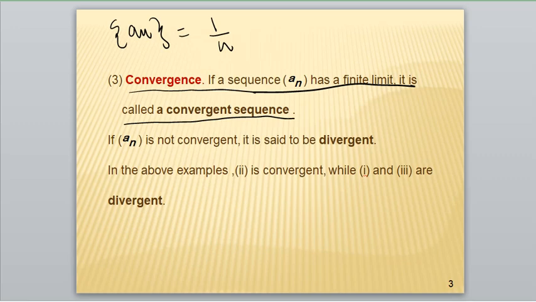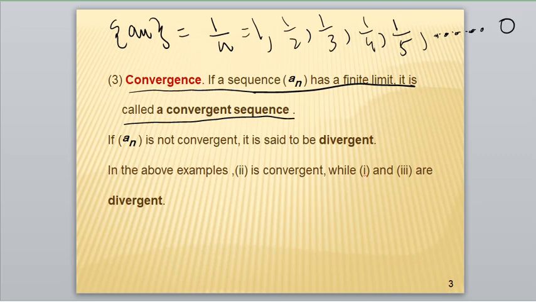When you put 1, you get 1. When you put 2, you get 1 by 2. When you put 3, you get 1 by 3, then 1 by 4, then 1 by 5. So you can see this sequence is converging to 0, as you increase the denominator.